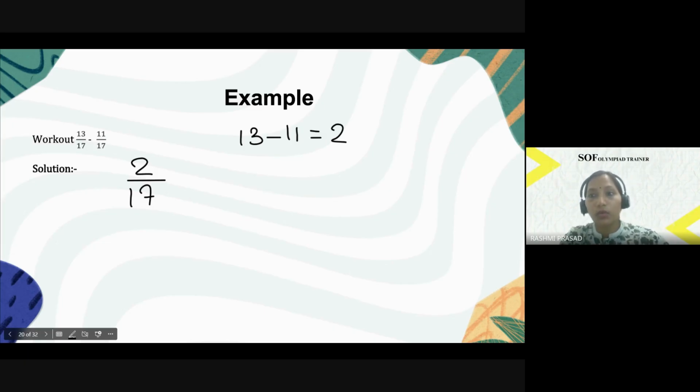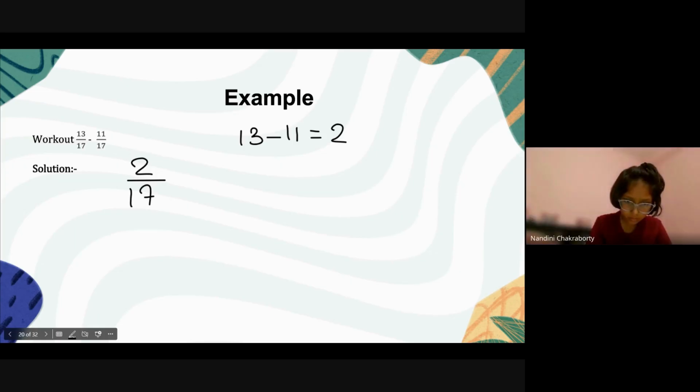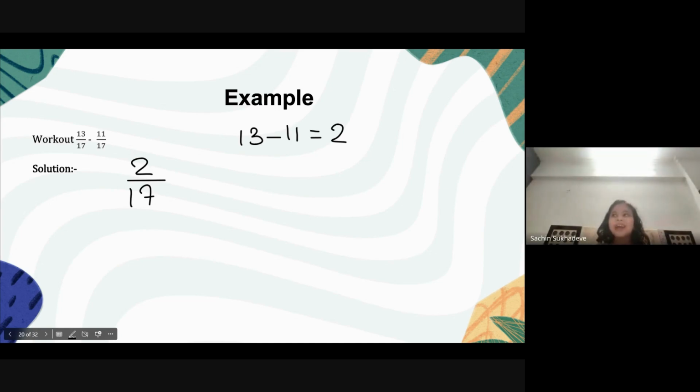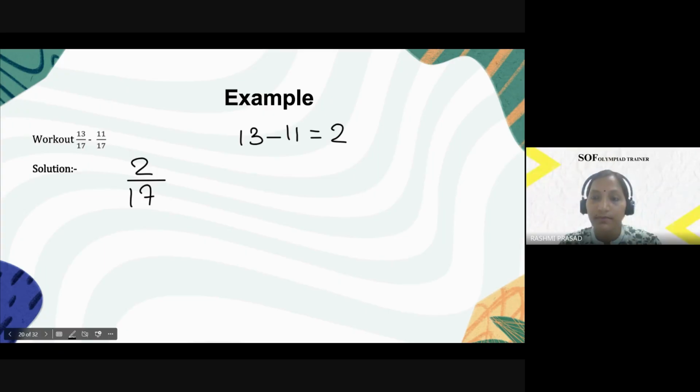We are talking about only like fractions. What is a like fraction? Inaya, can you unmute and speak? What do you mean by like fraction? Inaya? Yes, ma'am. Can you tell me what is a like fraction?